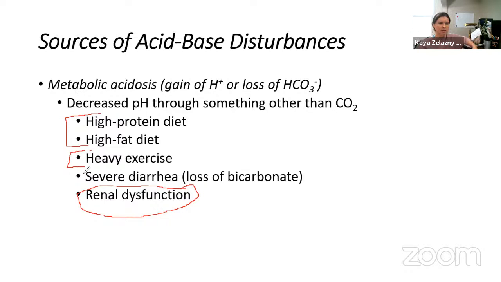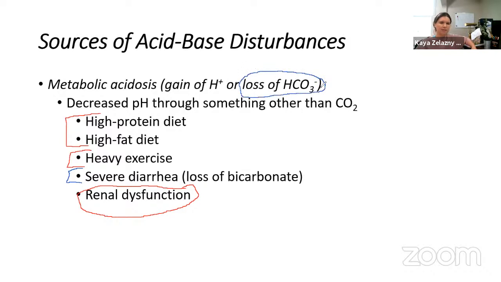This is kind of the odd man out on this list, because with severe diarrhea, the problem isn't actually gaining too many hydrogen ions. The problem with severe diarrhea is this loss of bicarbonate ions.